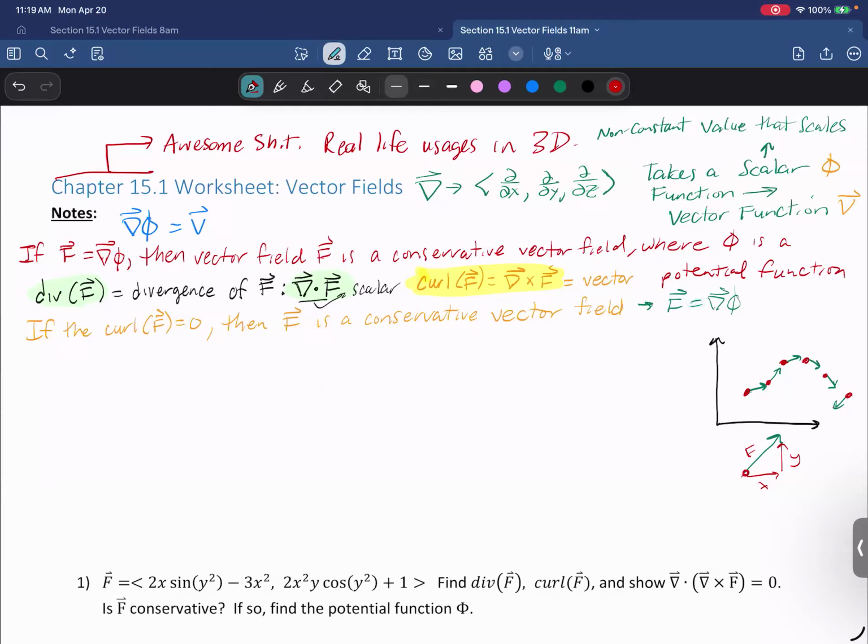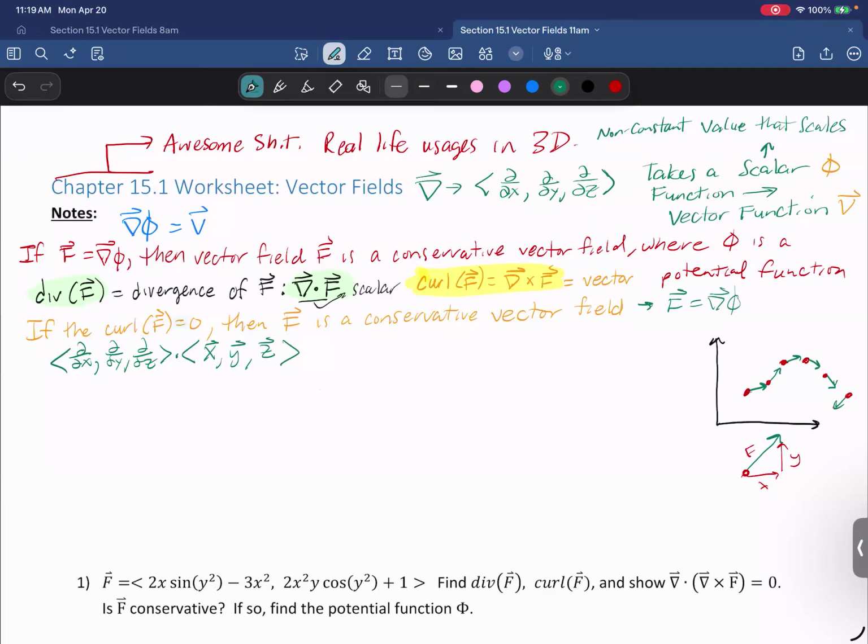So when we do the curl, that is d/dx, d/dy, d/dz dotted with the x component, the y component, z component. Maybe not use a hat.